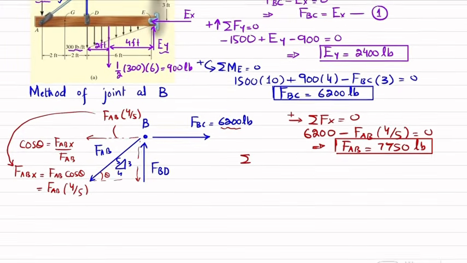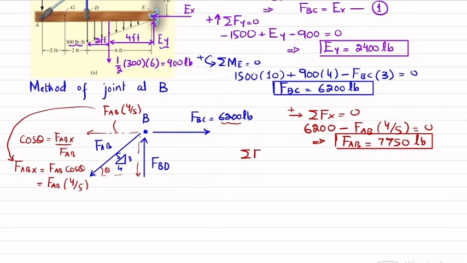The second equation of equilibrium is that the sum of all forces along the y direction must be equal to 0, and upward force is taken as positive. So the upward force is FBD, and the other force, which is downward, is the FABY component, and this will be equal to FAB into 3 by 5 because sine theta is equal to 3 over 5.